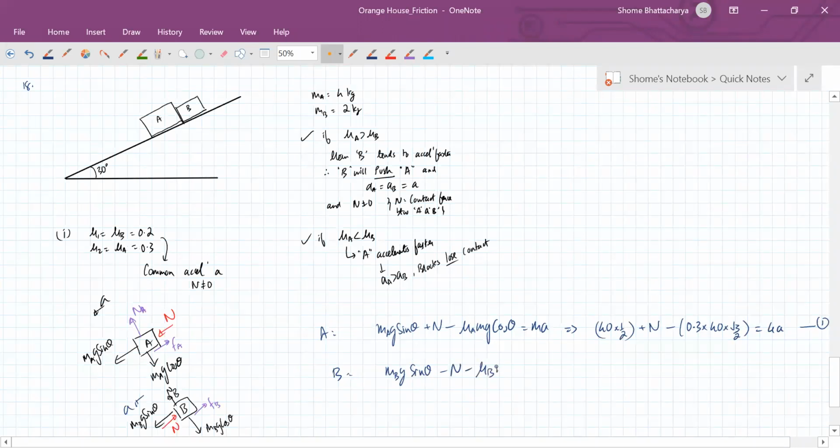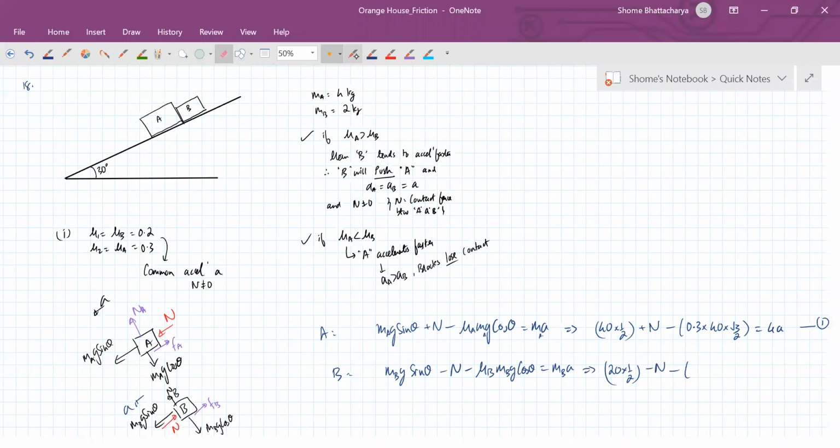For B, we'll have the equation like this. So 20 into half minus N minus 0.4, sorry, 0.2, that's your equation 2.